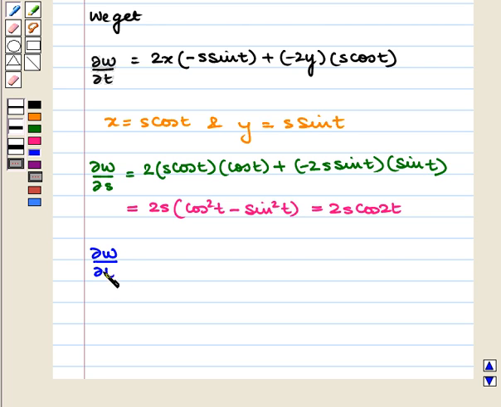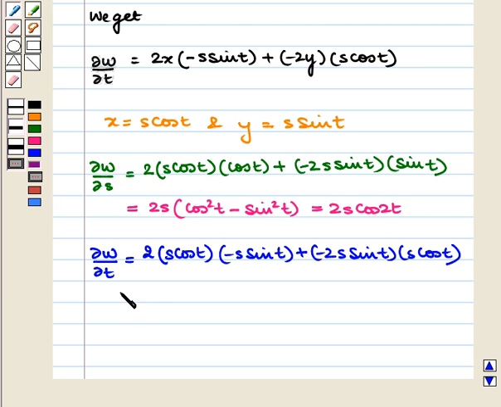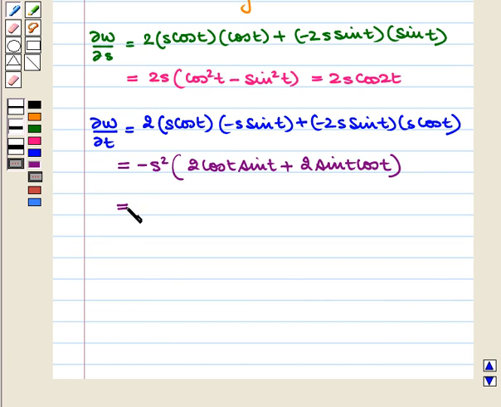And del w by del t is equal to 2 into s cos t into minus s sin t plus minus 2 into s sin t into s cos t, which is equal to minus s square into 2 cos t sin t plus 2 sin t cos t the whole, which is equal to minus s square into sin 2t plus sin 2t, as 2 cos t sin t or 2 sin t cos t is equal to sin 2t.